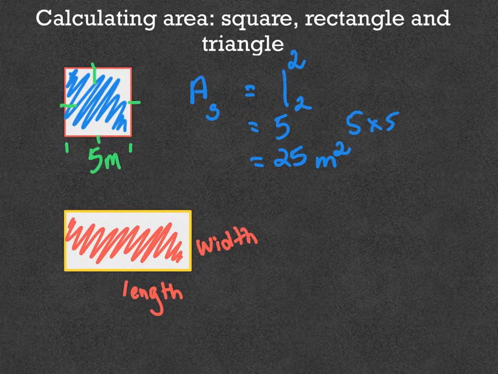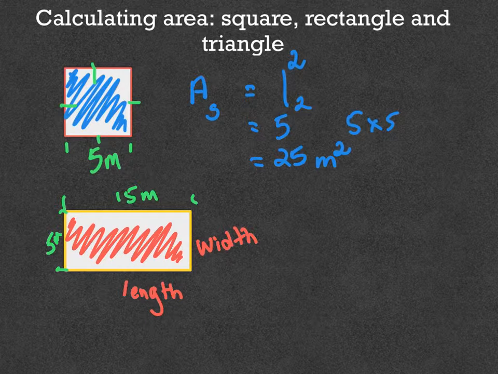If it's a rectangle, they will be different lengths. So for the sake of this video, let's say the length between here and here is 15 meters, and the width between here and here is 5 meters.